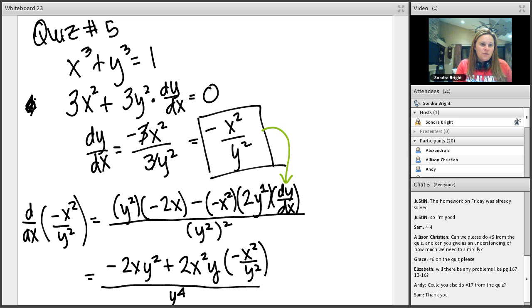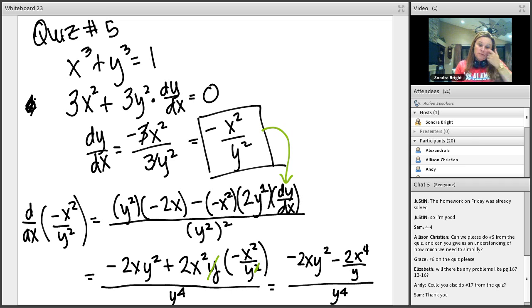One thing you can do right away is this, where am I? Right here. This y divided by y squared will leave you with just a y in the bottom right there. And so this is like a negative 2xy squared. It's going to be a minus 2x to the 4th over y to the 1, and then all over a y to the 4th.